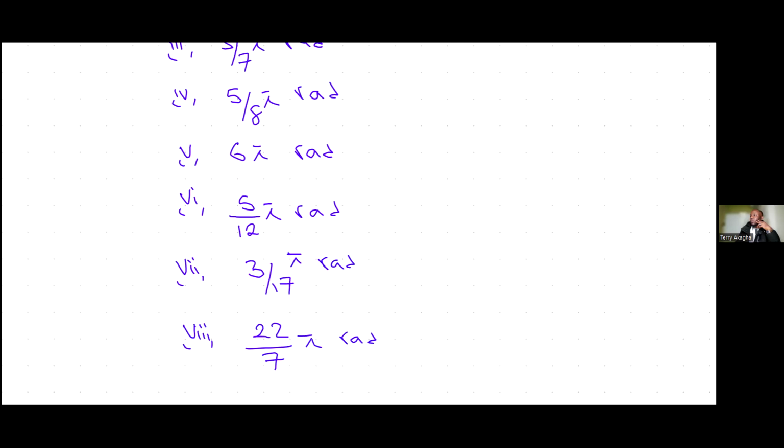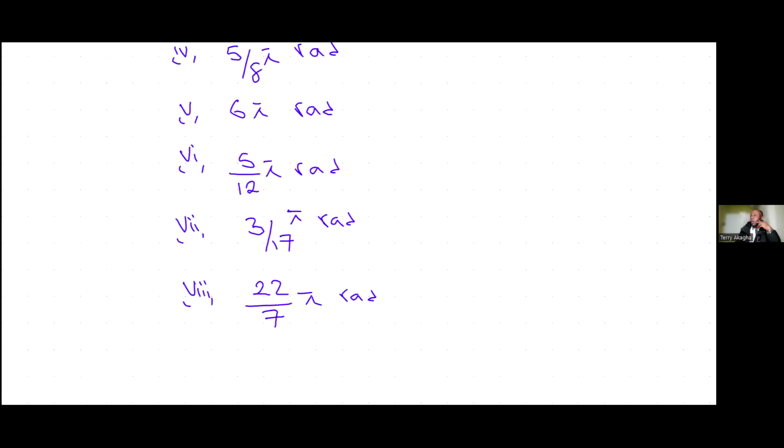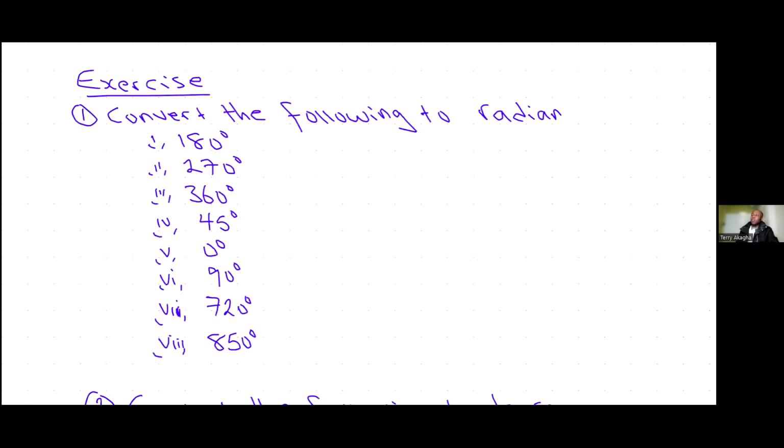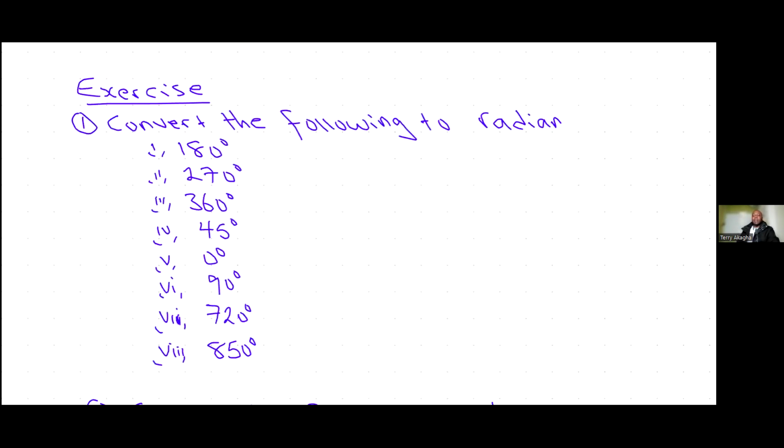And the last one, number 9, 352 pi radian. All right, I want you to try these questions, see if you can solve them, and put the answer in the comment section.